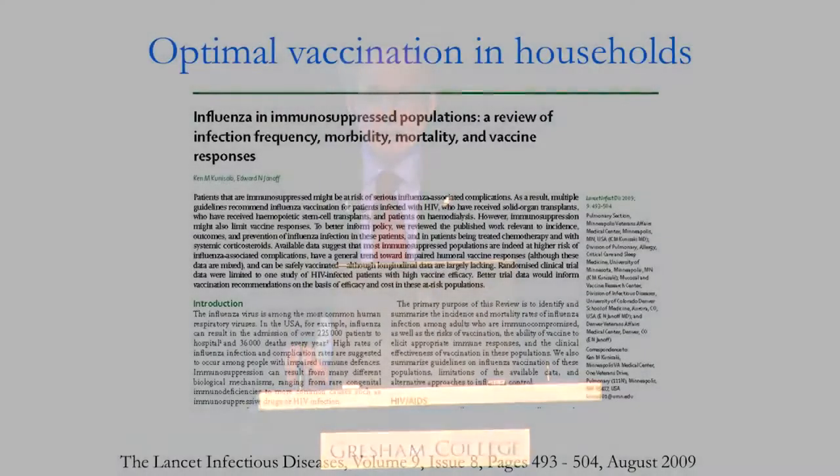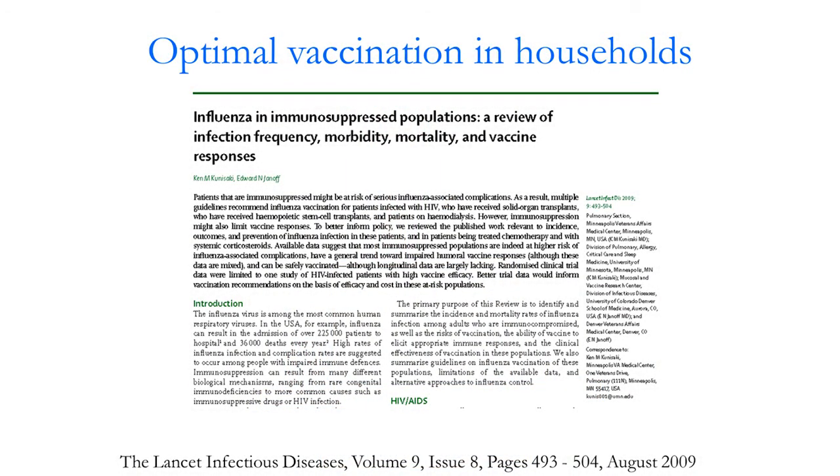If you look at households, for example, the mathematics involved in deciding what you should do is quite interesting, but this approach was certainly made use of during the recent swine flu pandemic, in which you considered households which had people who were immunosuppressed.